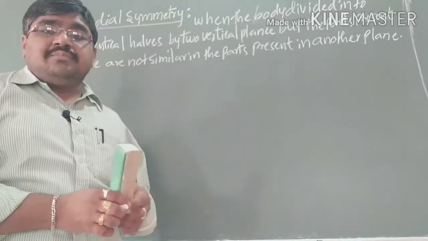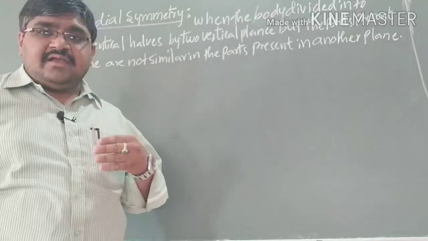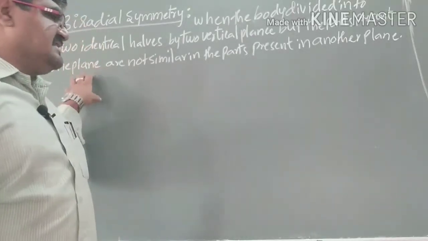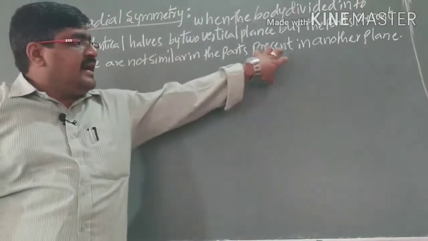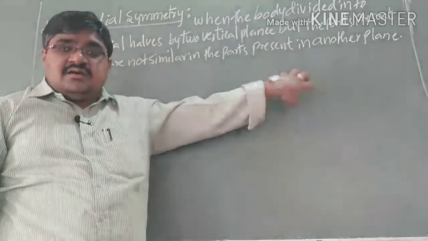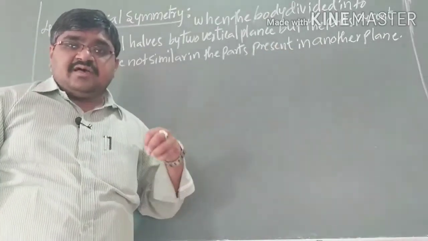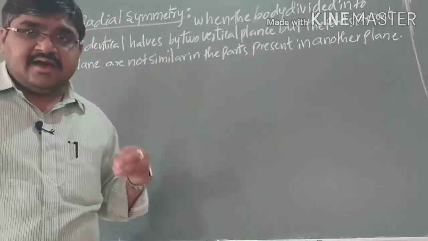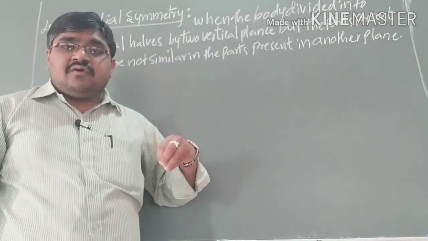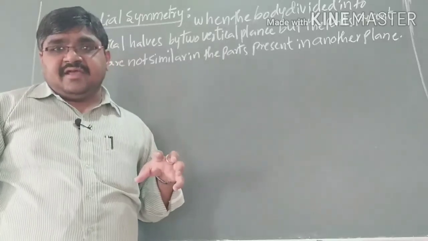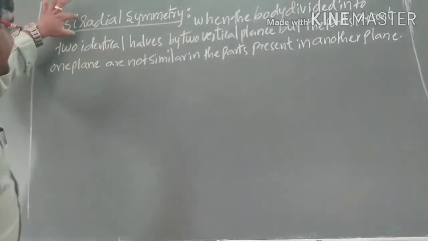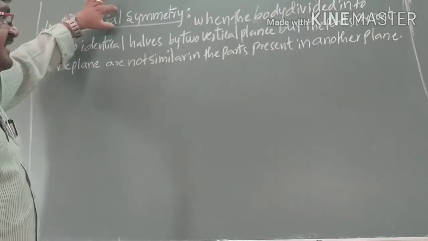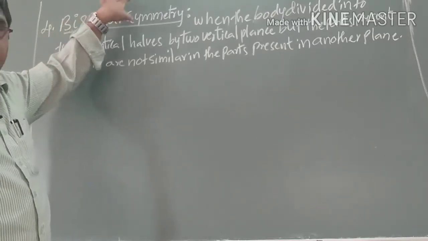That means the parts of one vertical plane are not similar to the parts of another plane, then such type of symmetry we can call biradial. Otherwise, here it consists of two symmetries, the bilateral symmetry as well as the radial symmetry, both present in the organism.